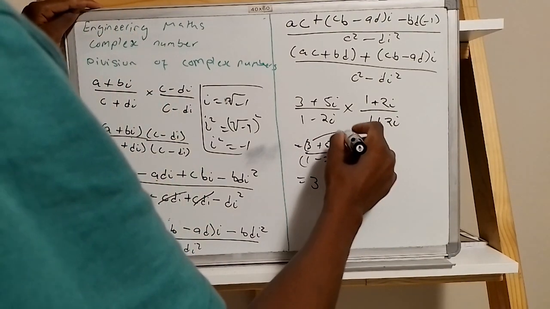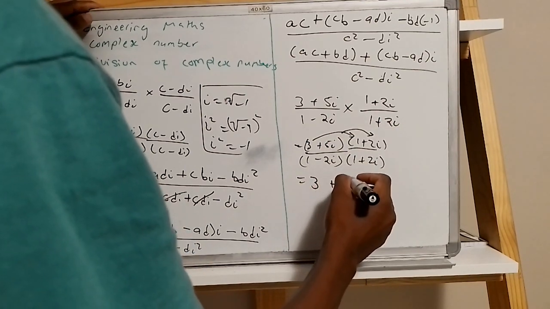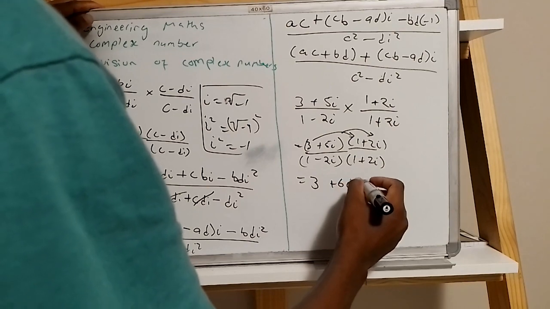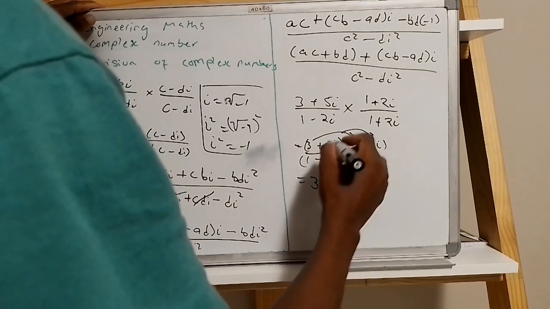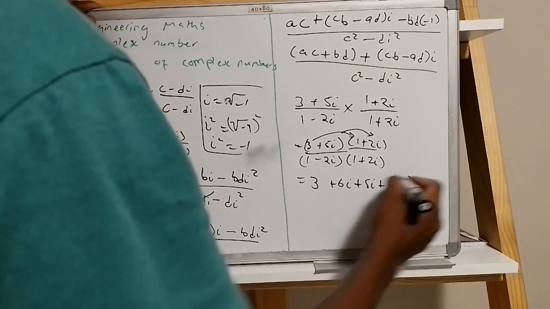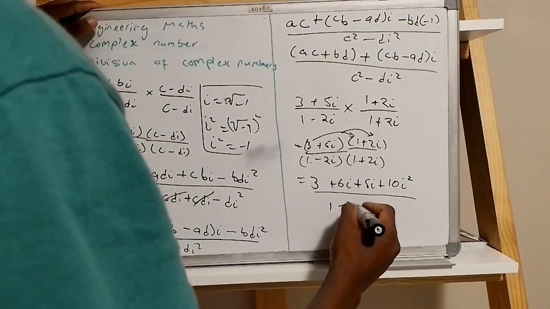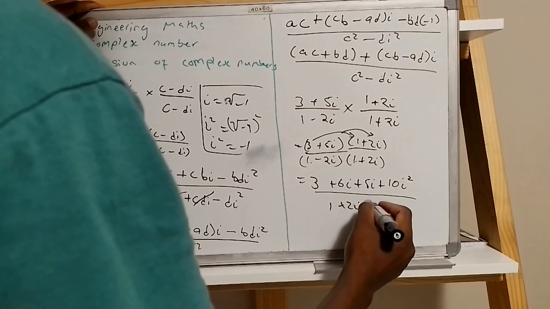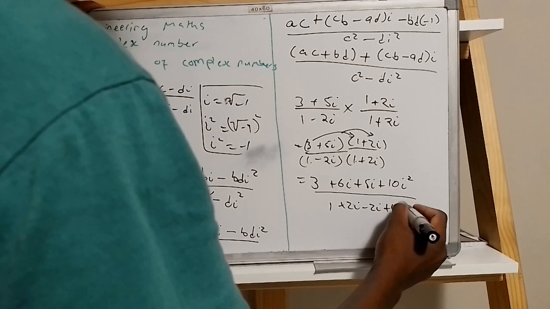This and that is plus 6i, plus 5i, plus 10i squared, over this and that: 1 minus 2i plus 2i minus 4i squared.